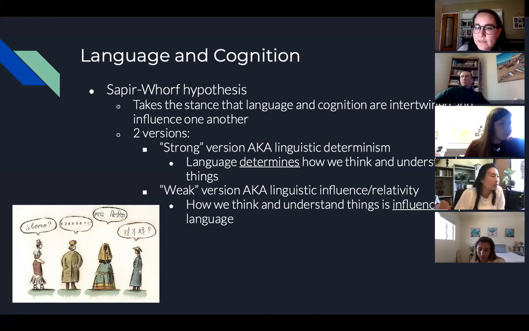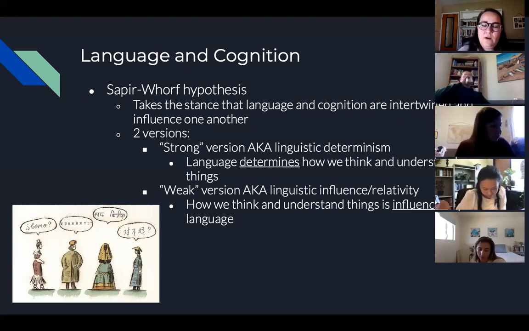There is evidence that we're able to think about things even if we don't have a particular term for it. And so in contrast to this, we have what has come to be called the weak version, or linguistic influence or linguistic relativity.